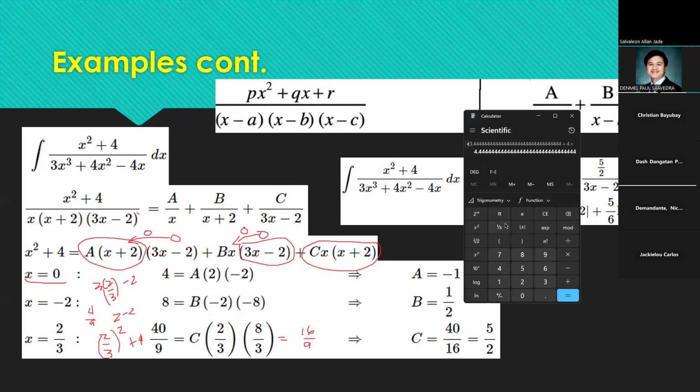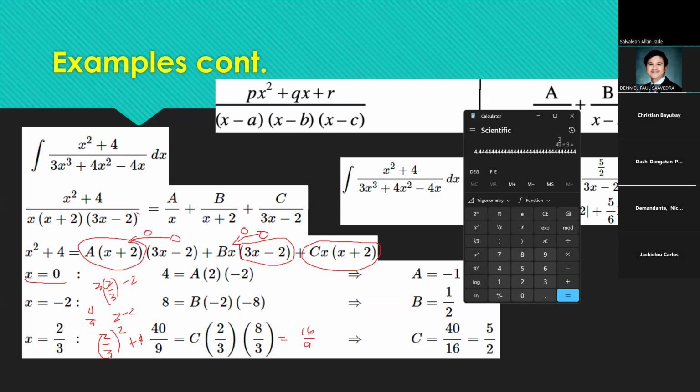Unfortunately, this wouldn't give me a fraction version. But let's see, it should be 40 over 9. 40 divided by 9 is 4.44. So they are just the same. So the correct answer for this one is 40 over 9.